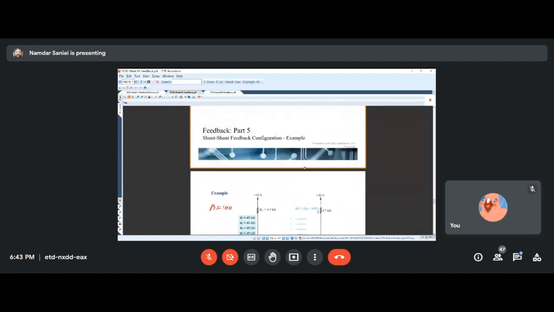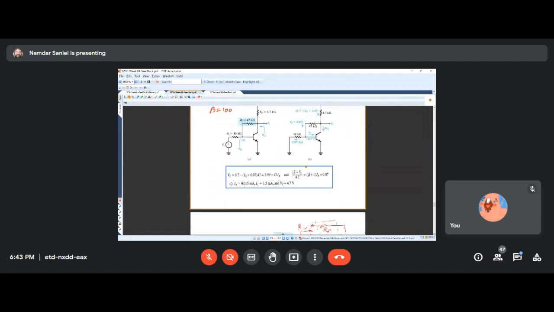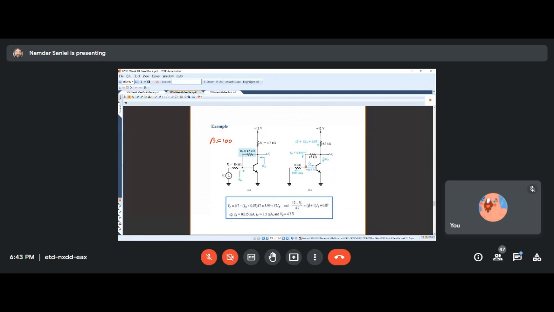So then we went into the example, or the first example. I think there is another one, maybe, but the first example was basically a collector to base feedback single transistor amplifier. We realized that in this loop, it seems like it is taking the voltage on the output. So that's obvious that the output is connected to this resistance.